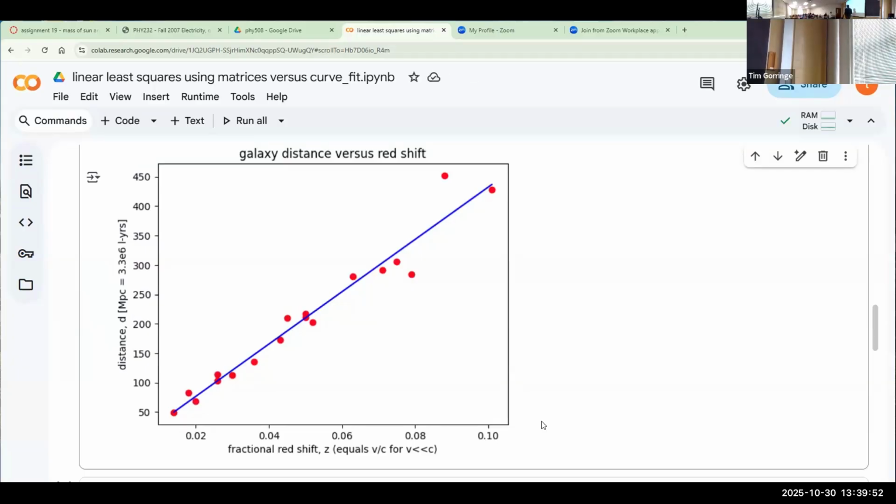We already plotted out the data, but I've added to it now this best fit line. Once I've got the slope and the intercept, I calculated YF, which is the best line through the data. And so this looks like a very reasonable line through that data. We see that some points are above the line, some points below the line, and it seems to follow the trend of the data. So we did do this calculation of the least squares straight line through the data.